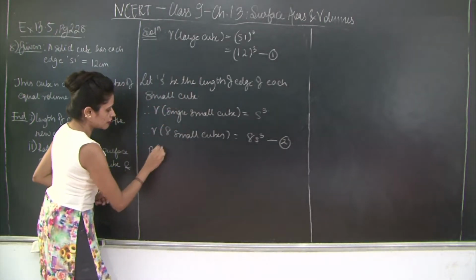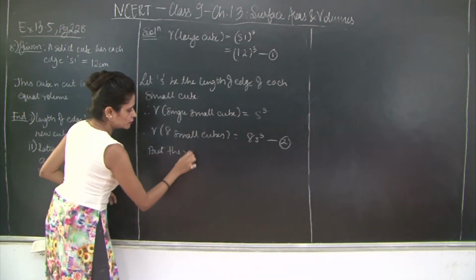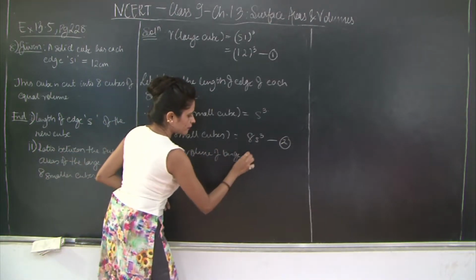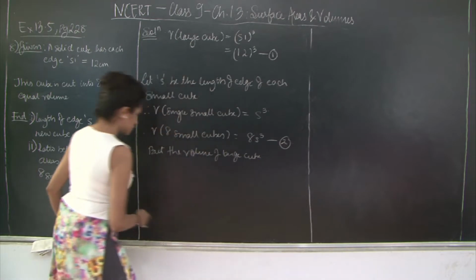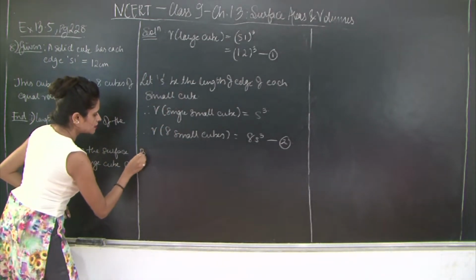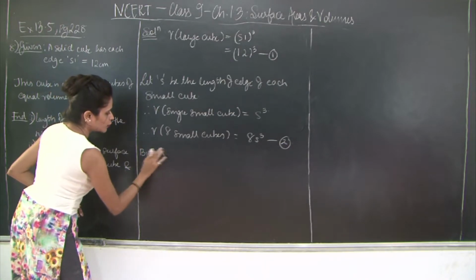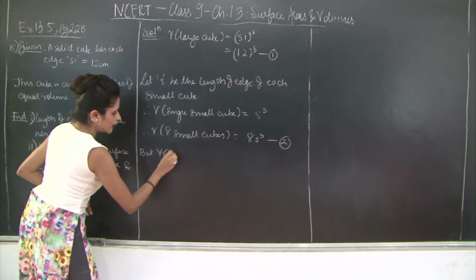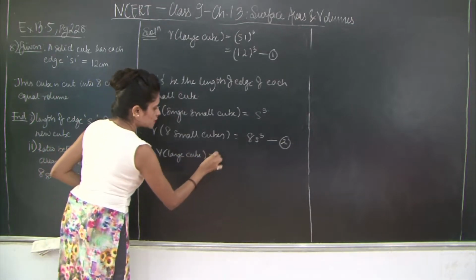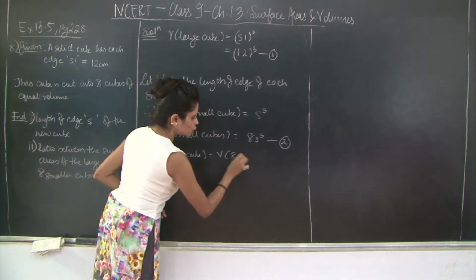But the volume of large cube is equal to volume of 8 small cubes.